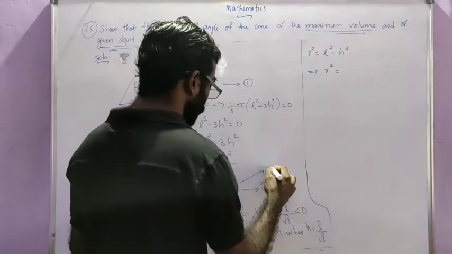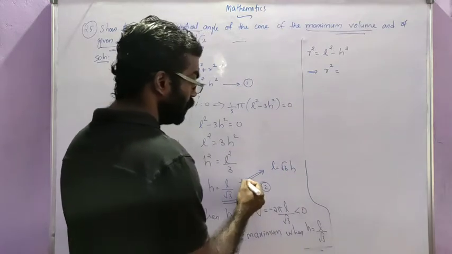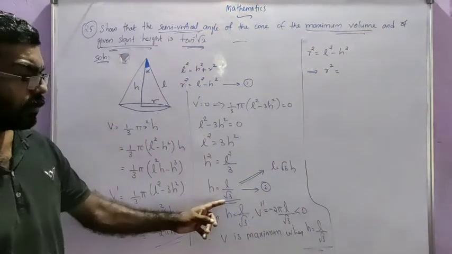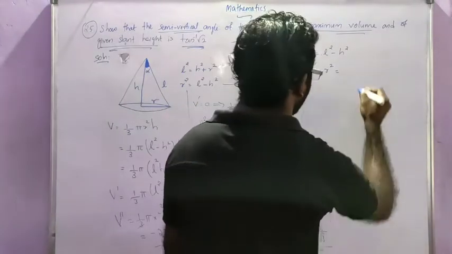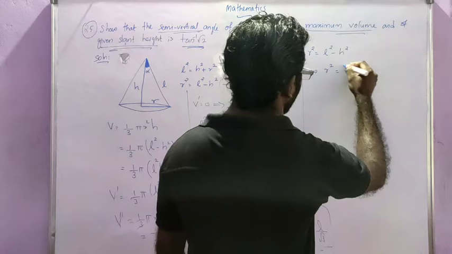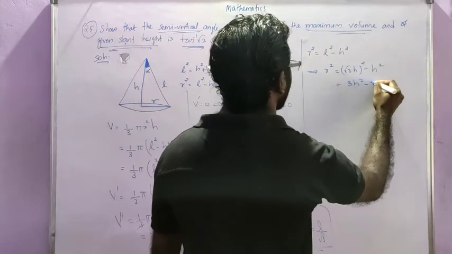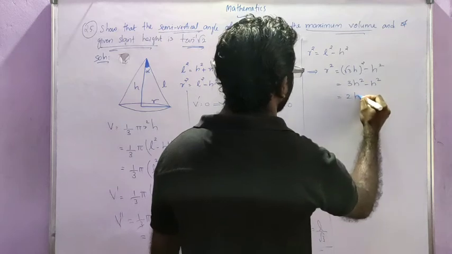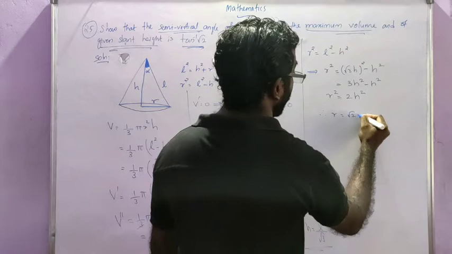On cross multiplication we get L equal to root 3H. That we can replace here, root 3H the whole square minus H square. That is 3H square minus H square, which is equal to 2H square. Therefore R equal to root 2H.